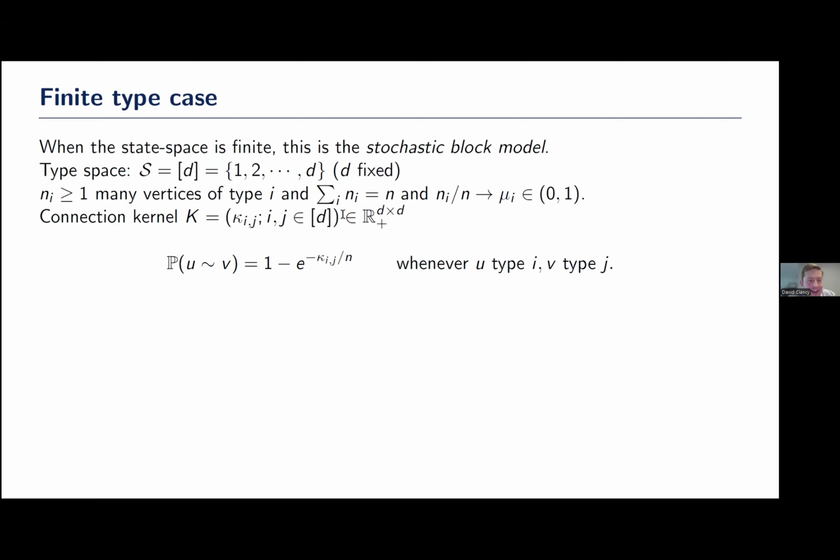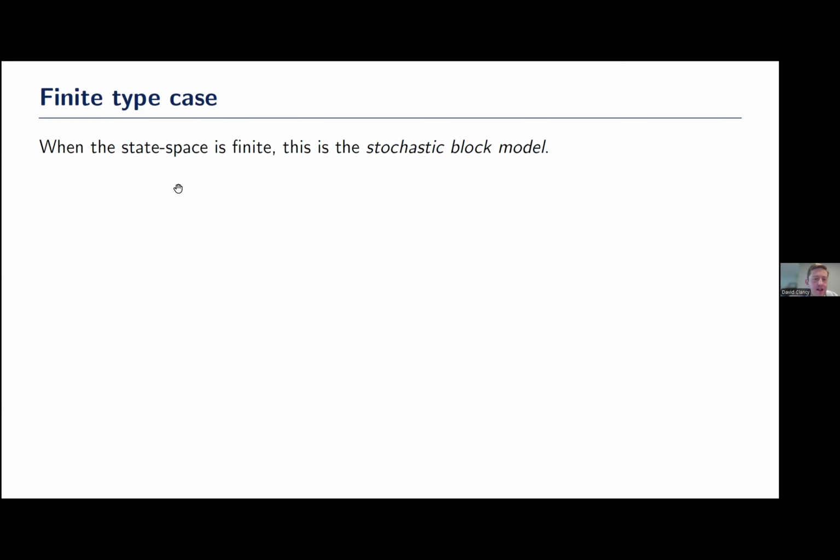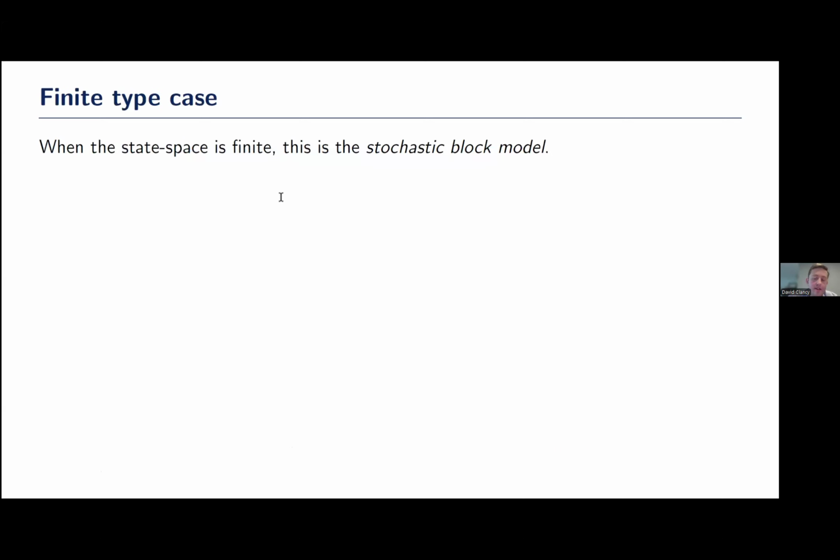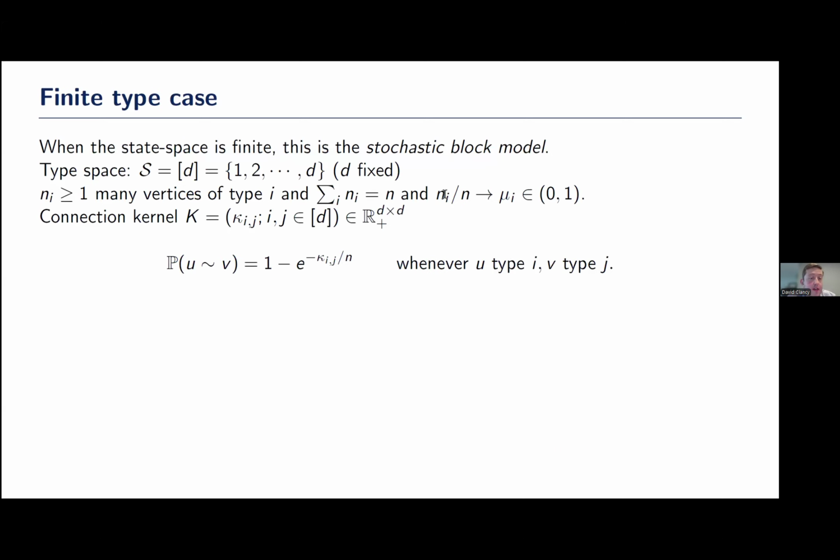Each of these n_i's will themselves depend on the total number of vertices in the graph, but I'm not going to write that in the notation. And if we look back to this technical assumption that the empirical measure of the points x_i converges to a measure mu, in this finite state space setting, that just means that the number of vertices of type i divided by the total number of vertices converges to a number mu_i.